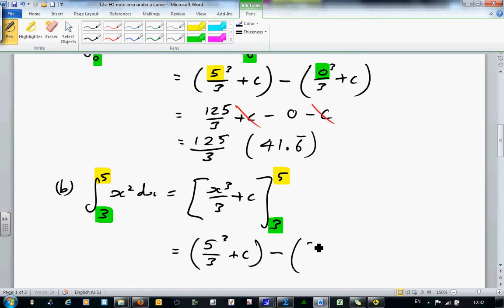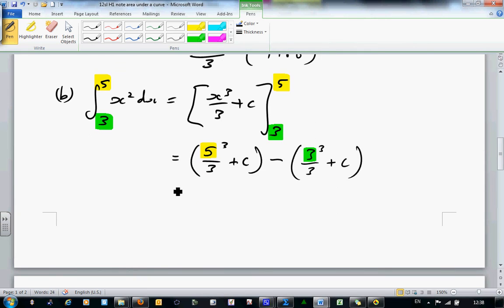Again, there's the yellow 5, which is the upper, and there's the green 3, which is the lower boundary. So this gives us 125 over 3 plus c minus 27 over 3 minus c. And again, look what happens.